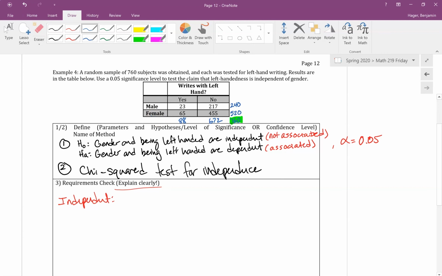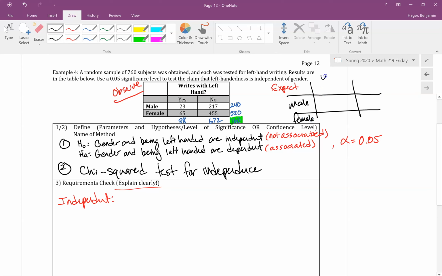All right, remember, this is what I observe. If I want to find what I would expect, I've got male, female, yes left-handed, no left-handed.